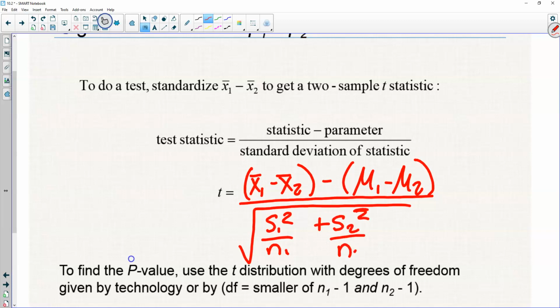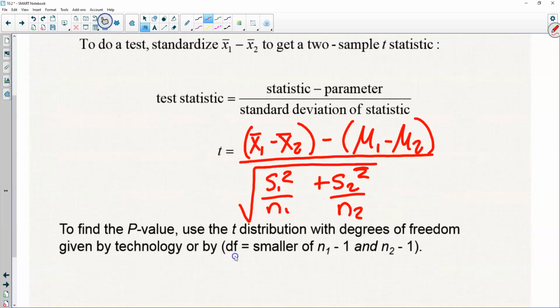Notice, unlike the proportions, we don't have to have a pooled standard deviation, where they had a pooled proportion that you use in the standard deviation. Here for means you don't have to do that. And then you choose the smaller of the two degrees of freedom to find your p-value. And you'll have a range of p-value just like you did with a one sample t-test.